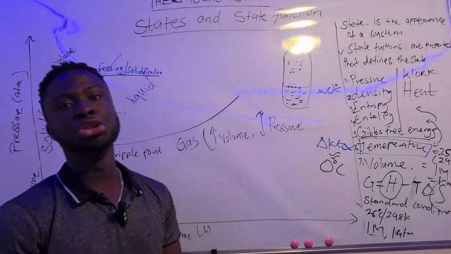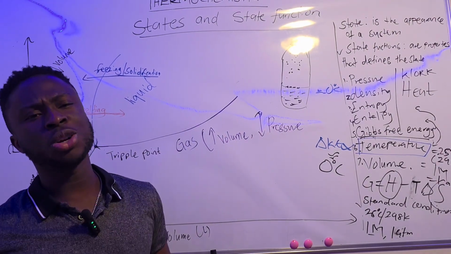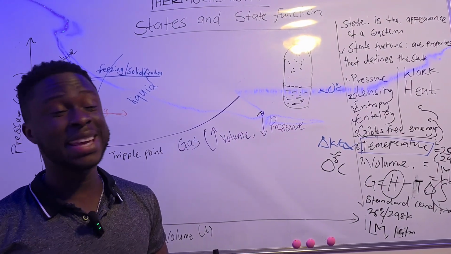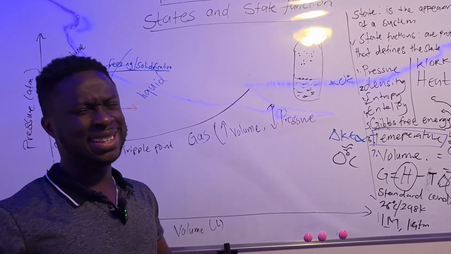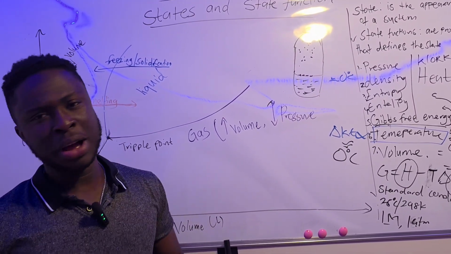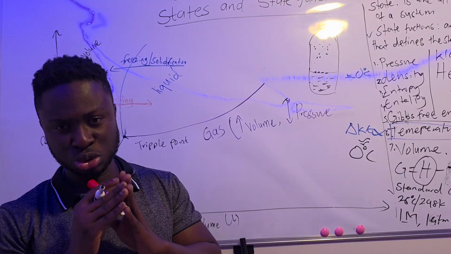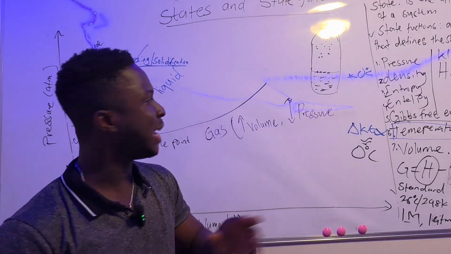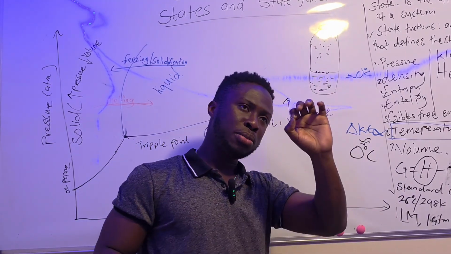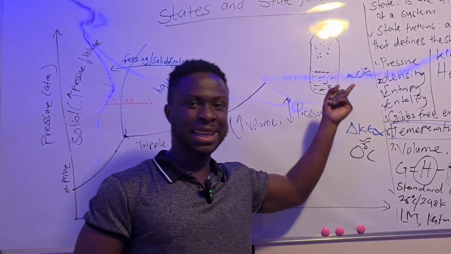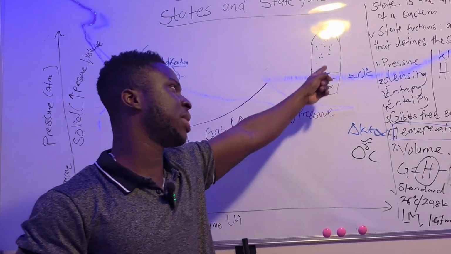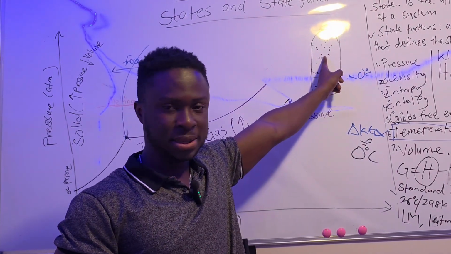Now, we did not introduce any source of heat. Of course, the water itself can be gaining a source of heat from somewhere, say the sun, or you put it on the stove, but that is not the point that we are talking about. The point that we are talking about here is that the molecules at the surface of this water gain enough kinetic energy to break free to become gas.